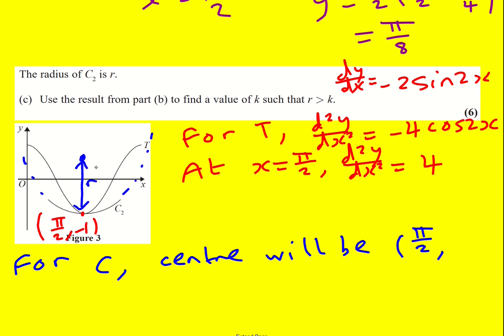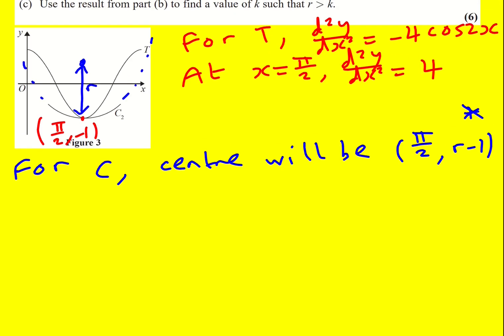Now this distance here is r. So if I want to work out this coordinate, remember this was minus 1, and therefore the center is going to be minus 1 plus r, or r minus 1. And that's the trick to this question. You've got to realize you can't just be working in terms of A and B. We're trying to use r, and so we need to write it in terms of r, because that allows us to write down the equation.